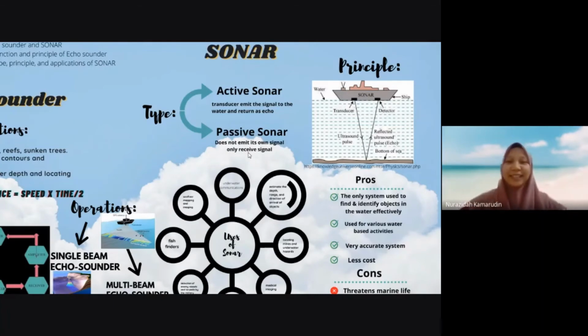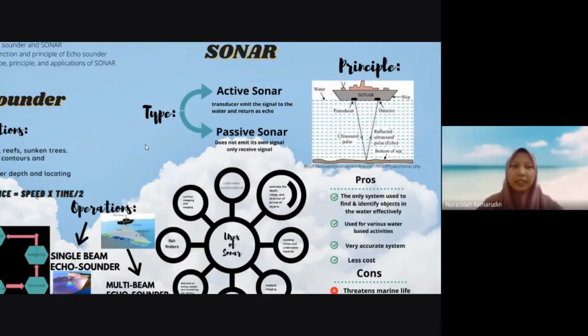Next is the principle of the sonar. Firstly, the transducer, suppose that the sonar is used to determine the depth of the sea. The transducer will emit a signal with a very high frequency of about 50,000 hertz.